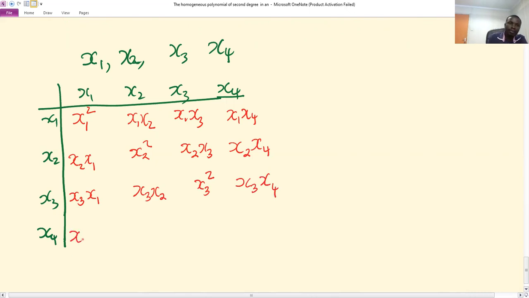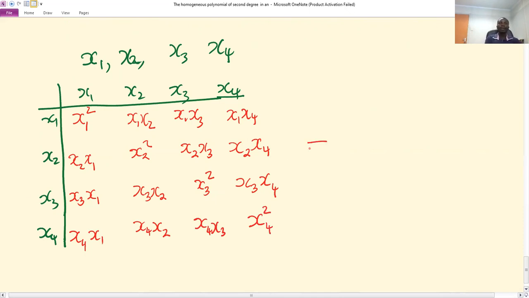Here we have x4 x1, x4 by x2 is x4 x2, x4 x3, and this will be x4 squared.